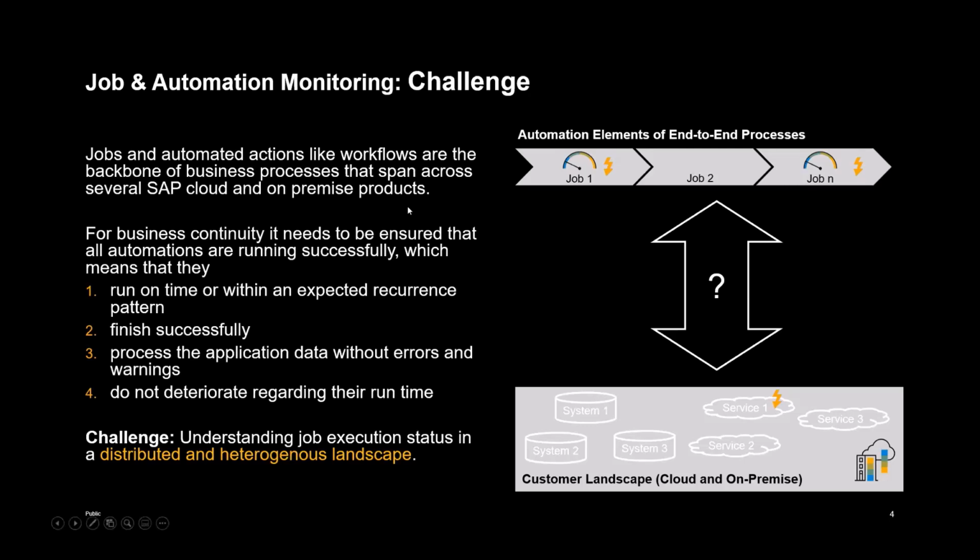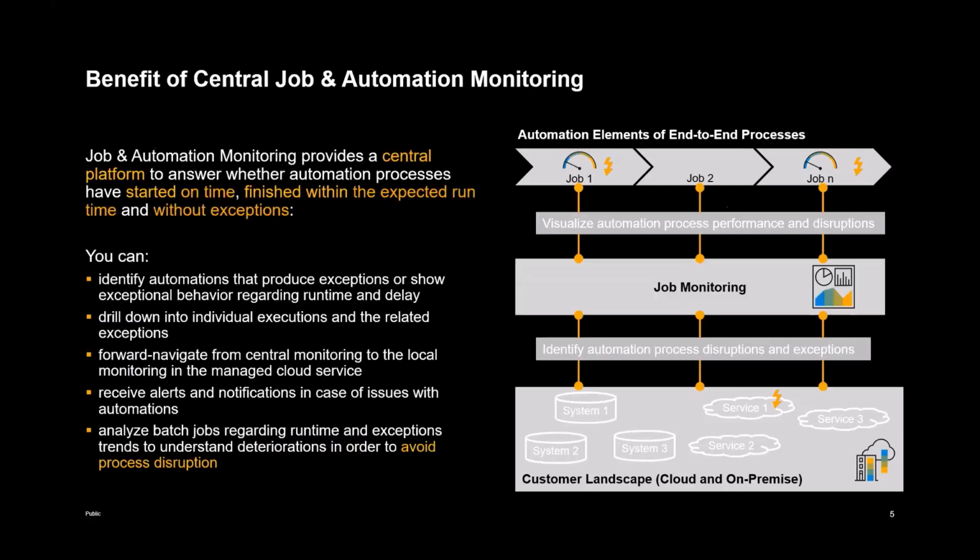Therefore, making sure that the jobs are running within an expected recurrence, running successfully, processing the data successfully, but also not deteriorating in their runtime is still an important task also in the cloud world. And the big challenge is how to do this efficiently, how to make sure that these things will happen automatically. So for this, job and automation monitoring in SAP Cloud ALM has been introduced.